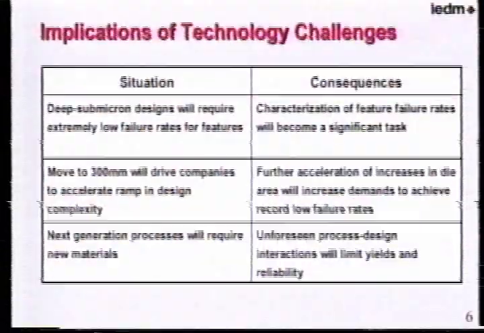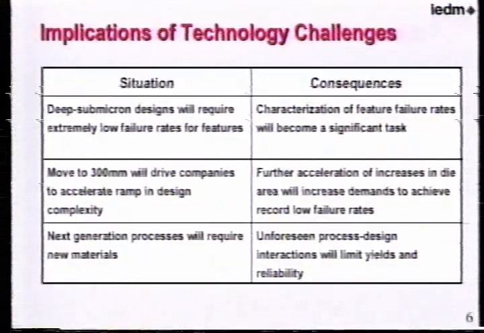So if you look at the situation, deep submicron design will require extremely low fail rates. This is obvious. You put more and more into a single die, which means you can tolerate less and less fail rate. That means you have to characterize the feature failure rates, and this is a very significant task. 300 millimeter accelerates the ramp in design complexity.